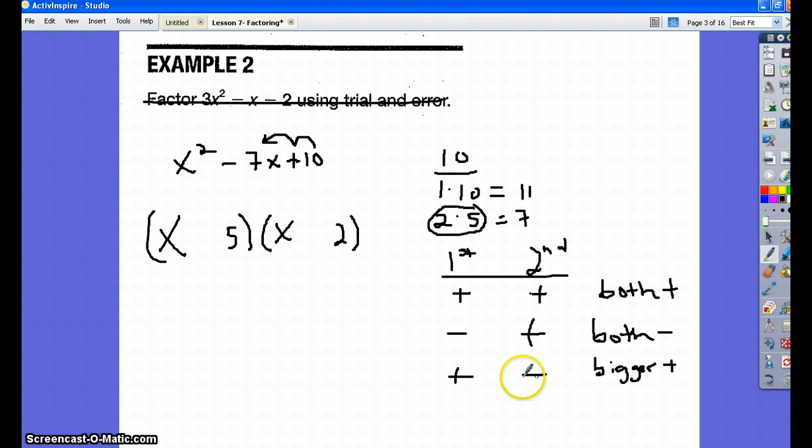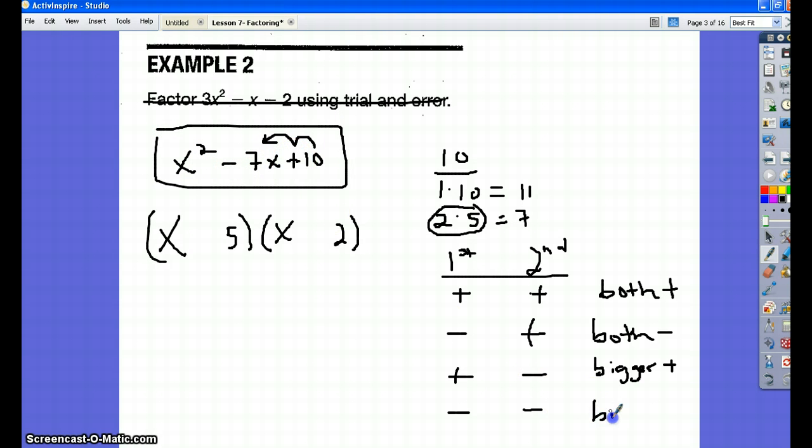So if it's a negative sign, think of the first sign as a prize, and the prize goes to the biggest number. In this case, so if the first one's a negative and the second one's a negative, we're talking about, again, these signs right here. If the first one was a negative and this one was also a negative, the bigger one is a minus sign. So therefore, how do we apply that to this problem? Well, minus plus, here it is in the graph, so they're both going to be negative. So there's the answer there.